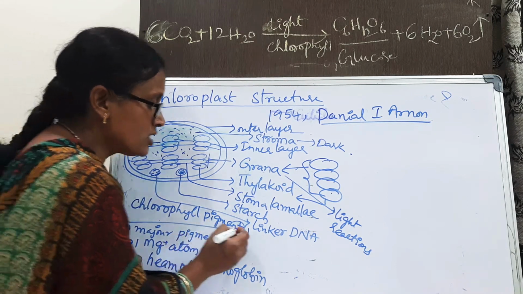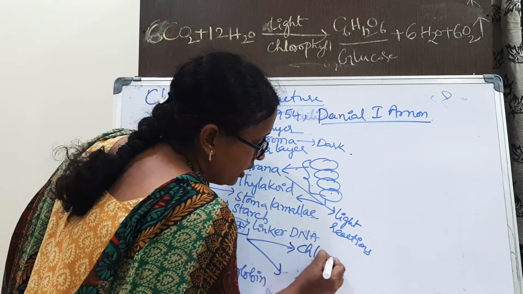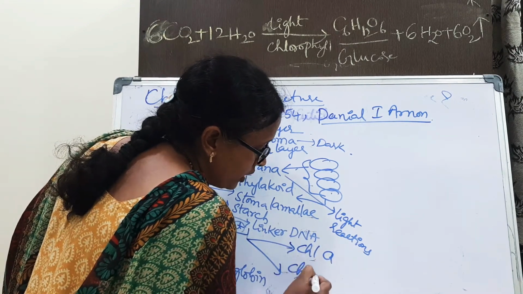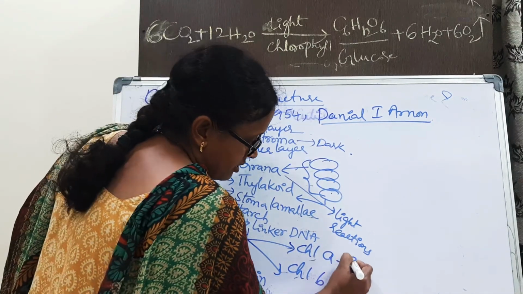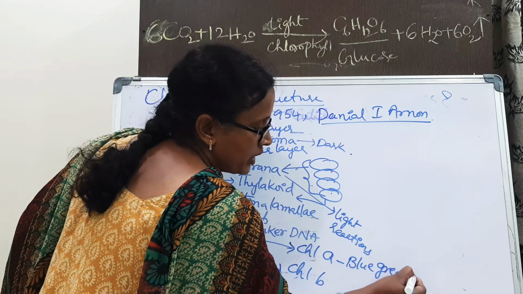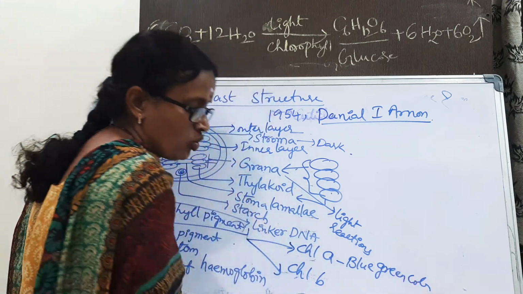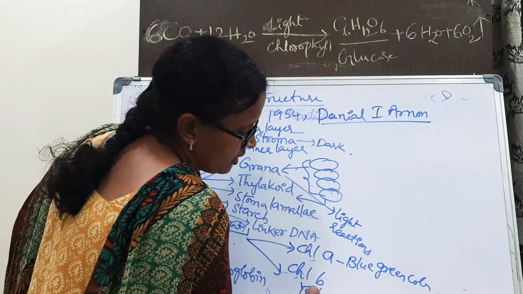Chlorophyll is of two types: chlorophyll A and chlorophyll B. Chlorophyll A is blue-green in color, and chlorophyll B is yellow-green.